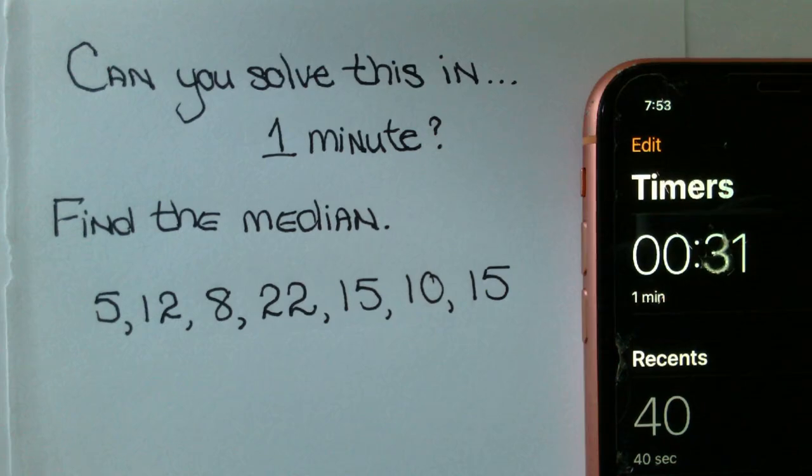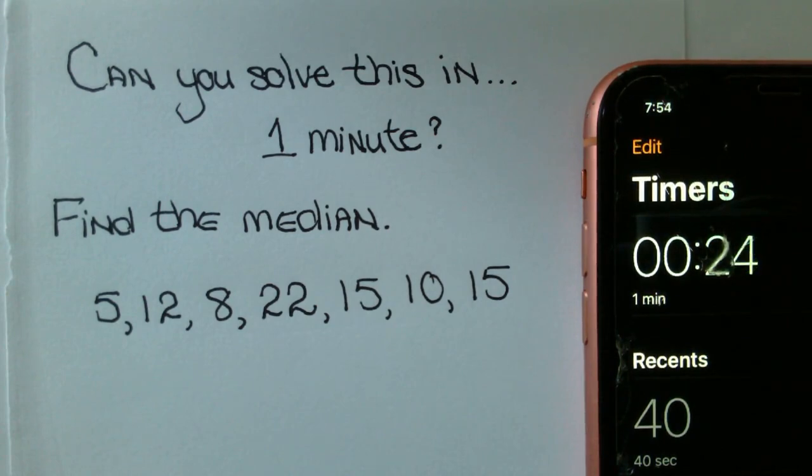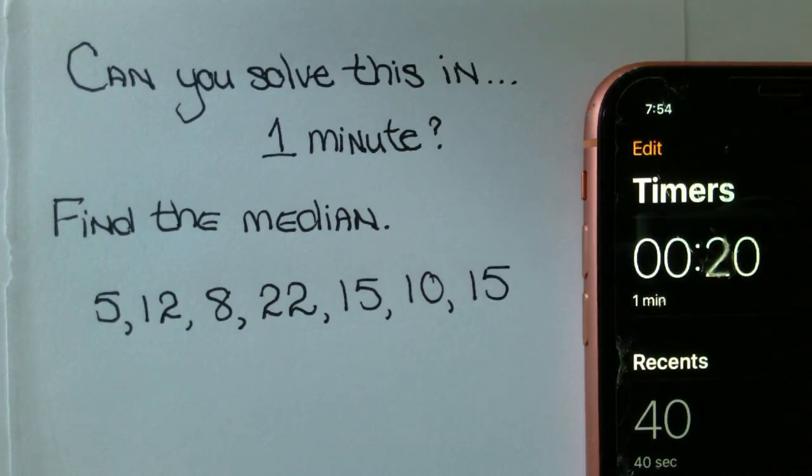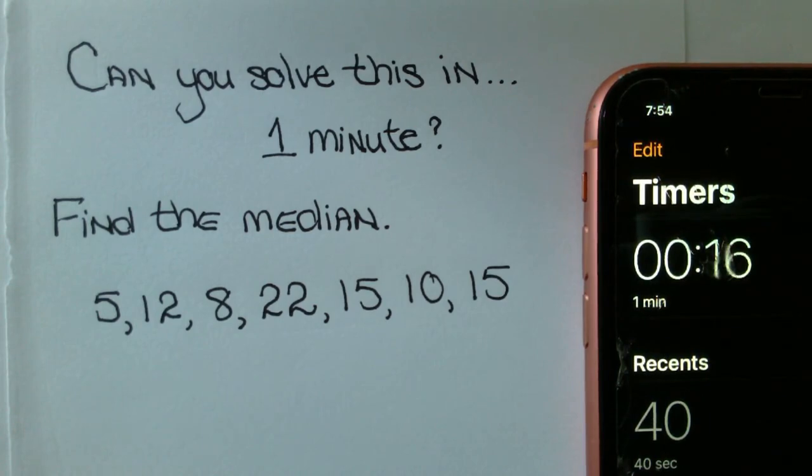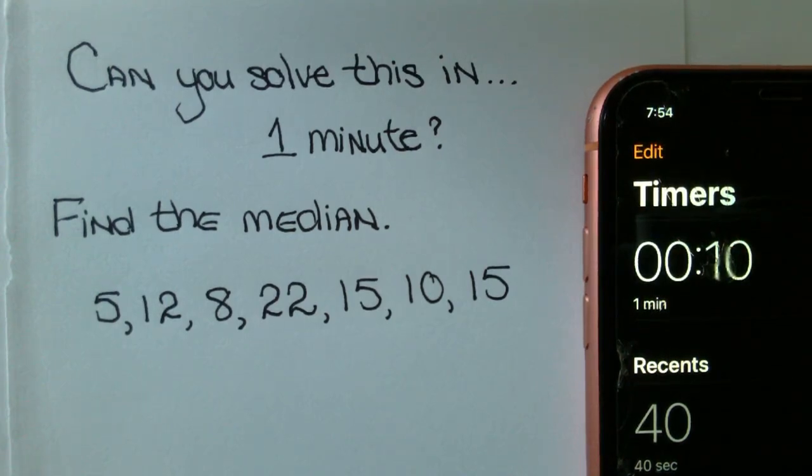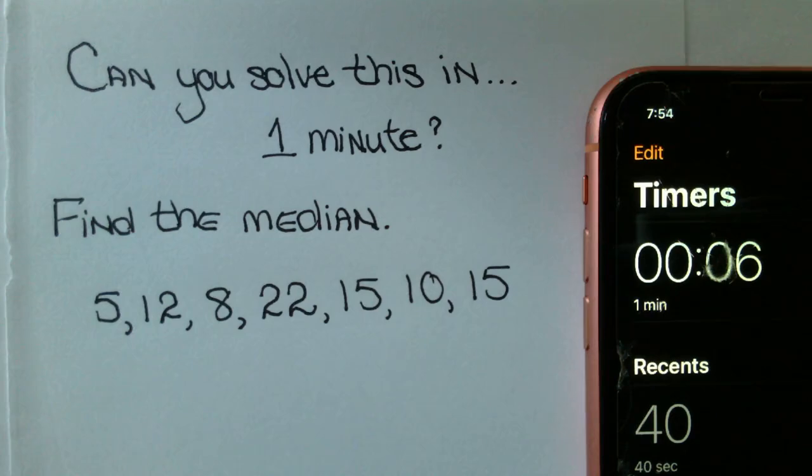Hold your answers. You need to find the median. When the time expires, that's when you guys are going to put your answers up. For people that are coming in, hold your answers, wait until the time expires. We're going to see if you can do it in 1 minute.